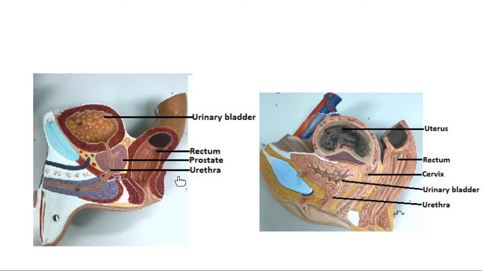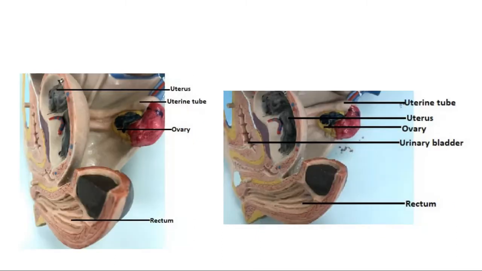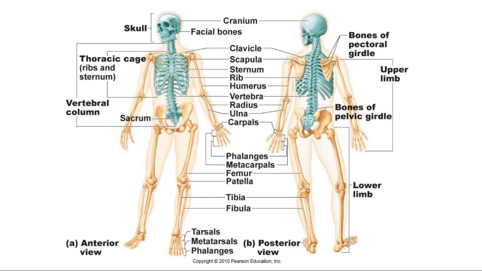So this is the male reproductive system. Here, this is the prostate gland. This is the urinary bladder. This is the female one. Here you are seeing the uterus. This is the urinary bladder here, and this part is the uterus. Again, it's the same. So these are the bones.